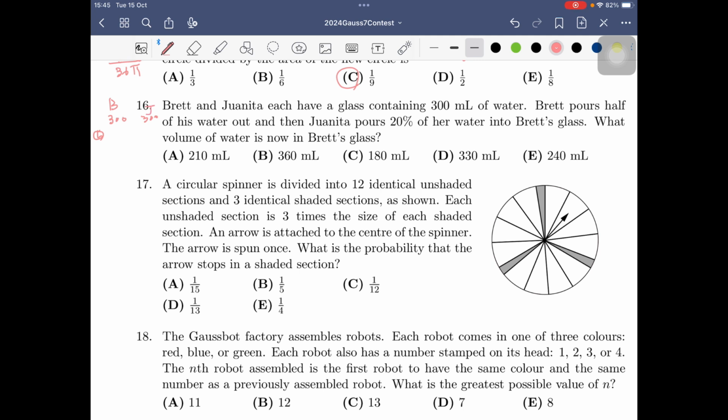Brad gives half to Gelatina, now 150 and 450. And Gelatina pours 20% of her water. So 450 times 0.2 is 90. So 240 and 360.